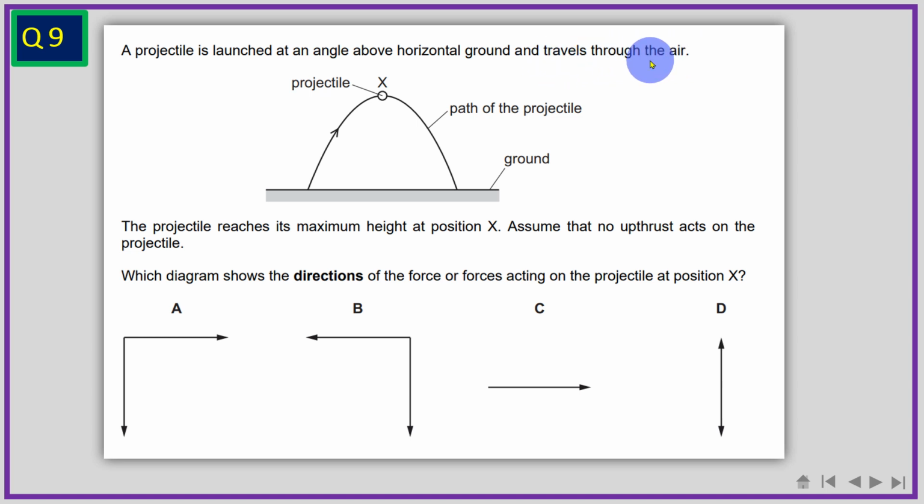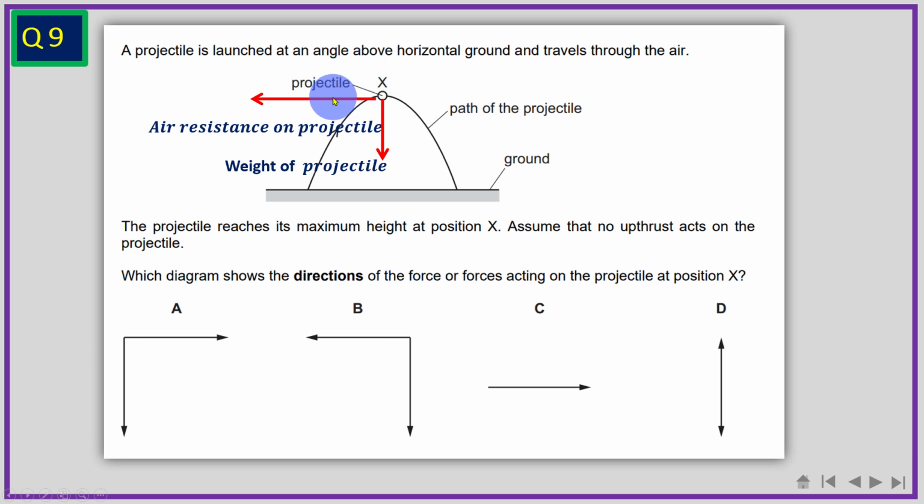You see, it travels through the air, so there is air resistance. Since it has a horizontal speed that way, air resistance must be acting on it in that direction. The other force acting on it is its own weight, vertically downwards, and that is why the answer is B.